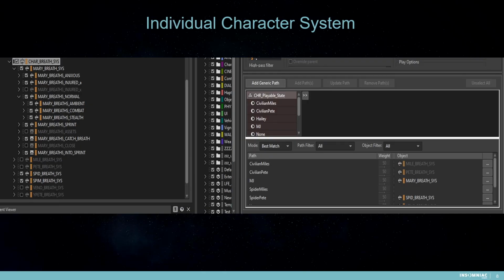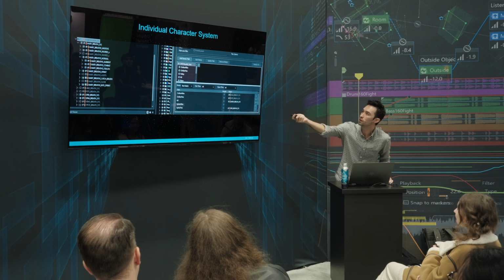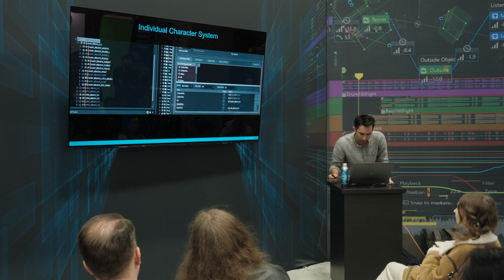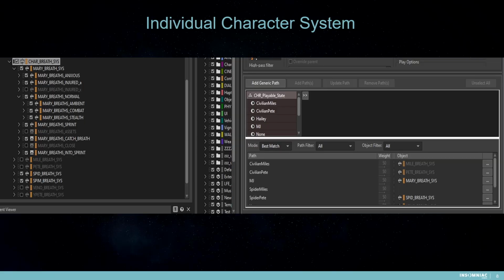We had 4 different states here, and we had these default states, and then we have specialty states. Right here, we have our normal state, which is over here, Brett's normal, and inside normal, we have ambient, combat, and stealth. These are the states that I was talking about earlier.